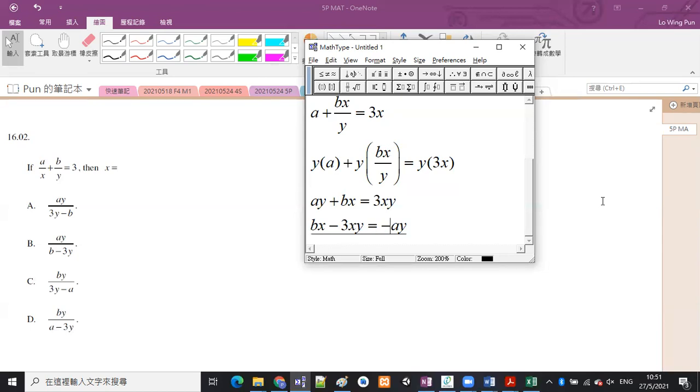So instead of moving the 3xy to the left, I am going to move the bx to the right. So I'm not going to do this step like this. I'm going to move the bx to the right: 3xy minus bx. Can you get this? Such that the left-hand side is a positive term. Right-hand side is still a difference between two terms, right?